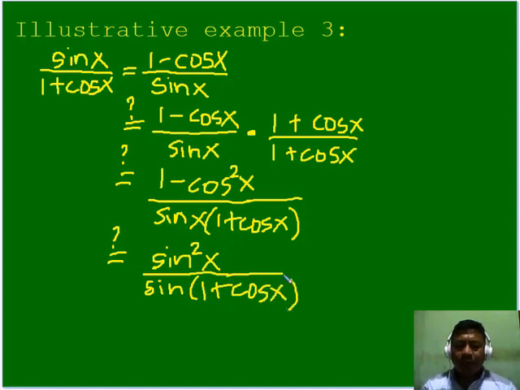Simplifying further, take note, this is sine squared x, so we can actually cancel sine x over sine x. As you can see here, if we simplify further, this is just equal to sine x all over 1 plus cosine x.